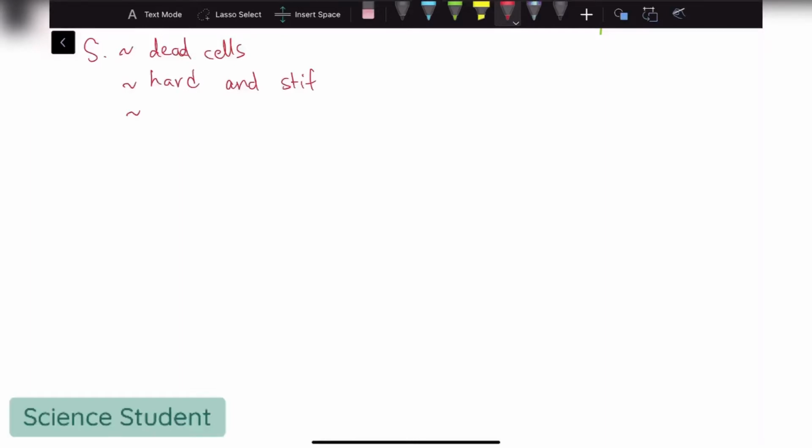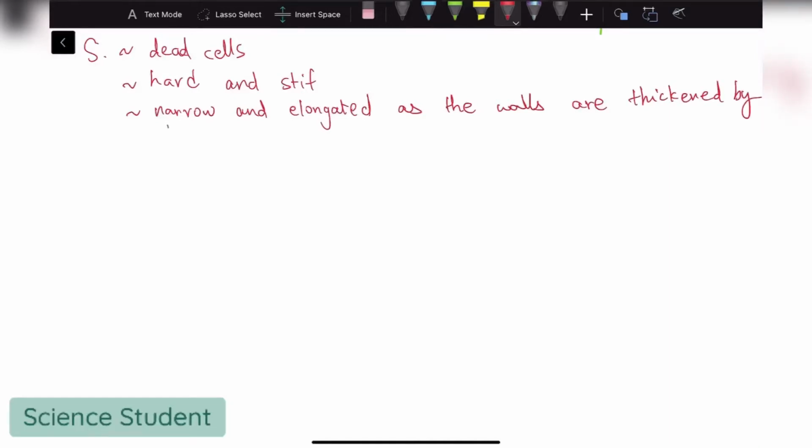So they have narrow and elongated cells, as the walls are thickened by lignin. Now you will ask, what is lignin?